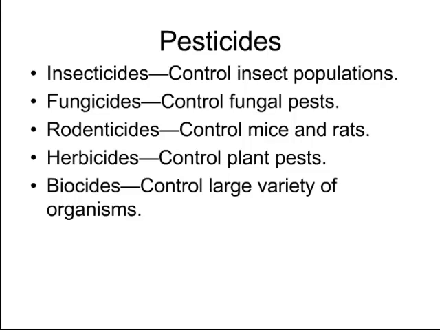So the organism that it's supposed to kill is called the target organism. Any organisms that it wasn't supposed to kill but it has an effect on are called non-target organisms. In our second lecture on agriculture, we'll focus on the use of pesticides and ways to control pests without relying on chemical means.